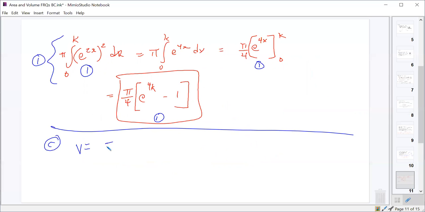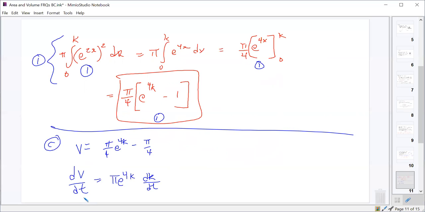If our volume was, I'm just going to write it this way, pi over 4 e to the 4k minus pi over 4, then dV/dt, the derivative of that, ought to be pi e to the 4k times dk/dt, because we're taking the derivative of something where the variable is k with respect to t, so just the chain rule.